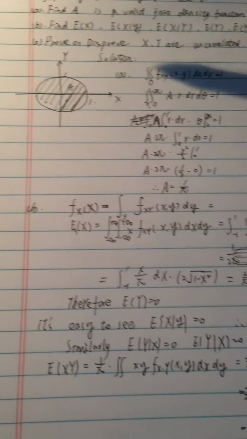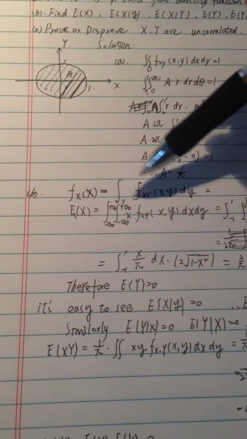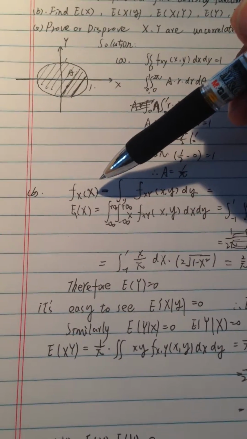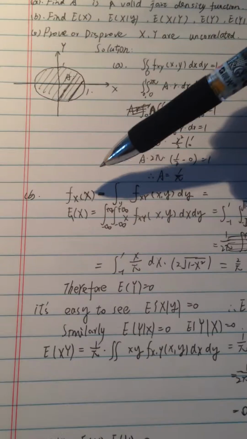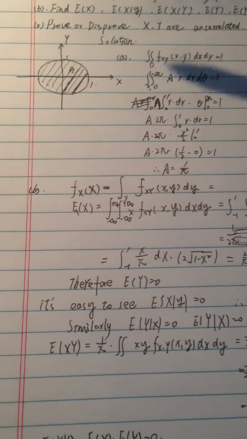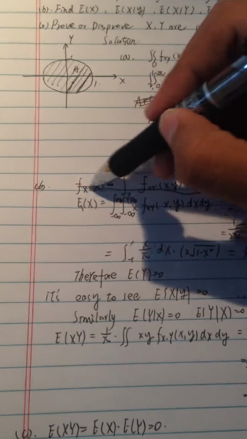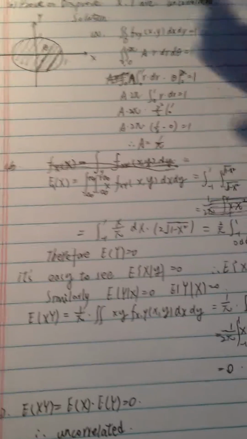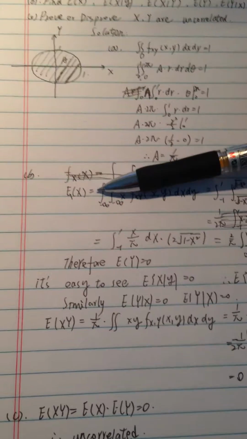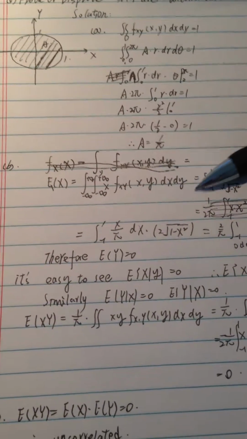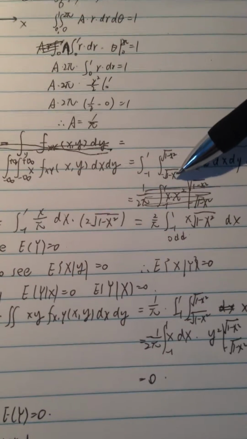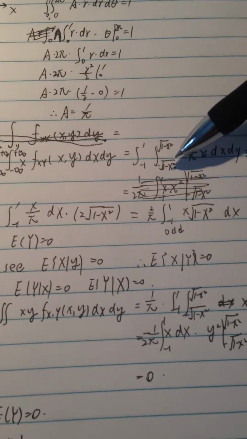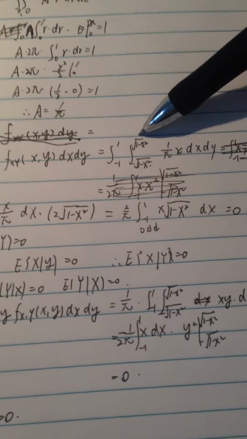At first, I tried to figure out the PDF of x and the PDF of y individually, but I think it is not a very easy method. So with this method, we can figure out that the expectation of x is equal to this, and we see that this one is a constant, with the region from negative to positive square root of 1 minus x squared.